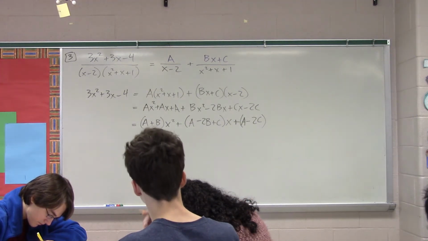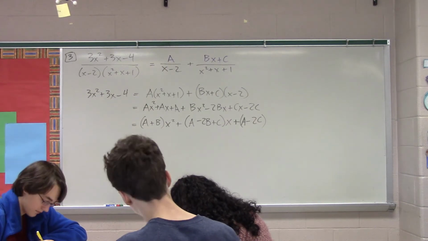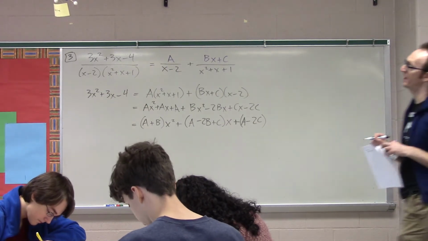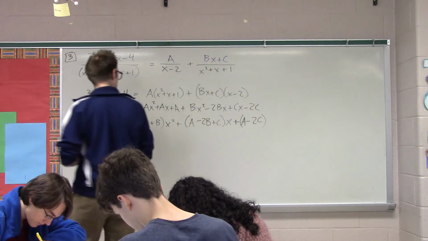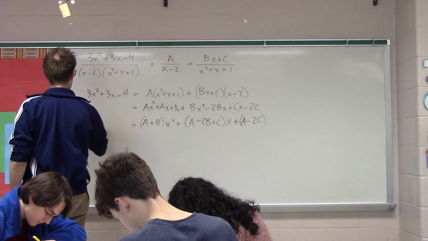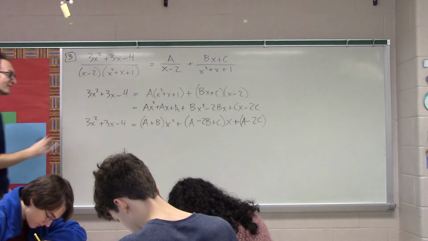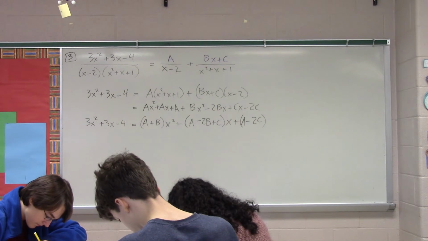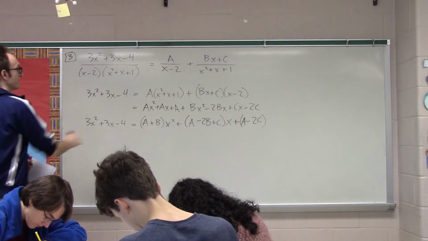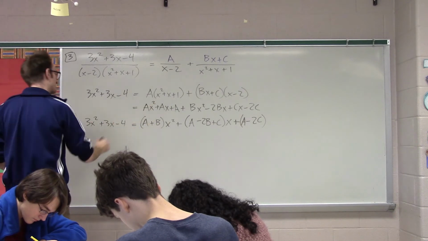You get something like this. I just set it up, multiplied both sides by the denominator, carefully distributed, recollected, and now I can look at both sides of this equation and observe that the quadratic terms have to match, the linear terms have to match, and the constant terms have to match.